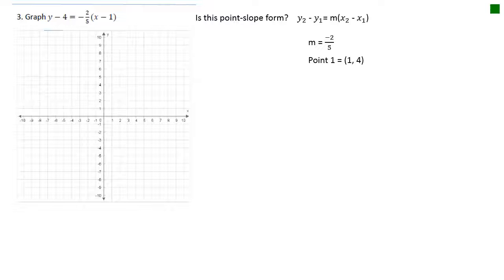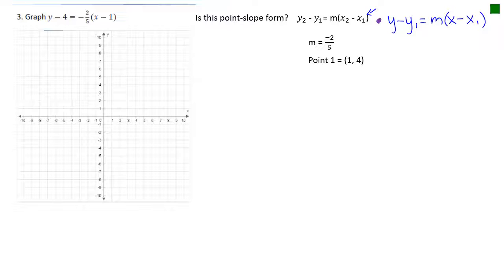Remember, point-slope form is y minus y sub 1 is equal to our slope times x minus x sub 1, which is another variation of what we have here. Your x sub 1 and your y sub 1 are a point, and then your slope is your slope.